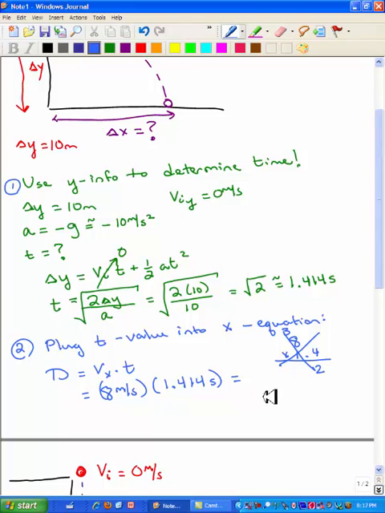You're going to have to bear with me while I pull out a calculator. Alright, approximately 11.312 meters.